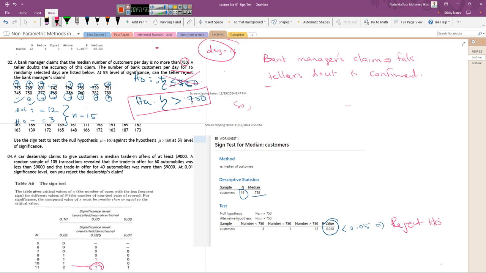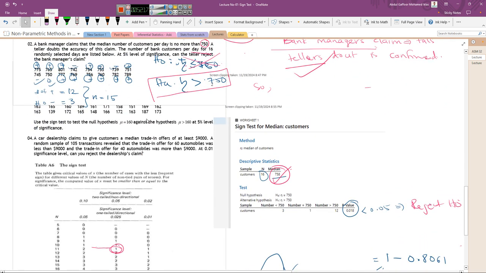Now the teller has won the match. Definitely, because the median is greater than 750, that's why he doubted, and the bank manager was proven false regarding this claim.